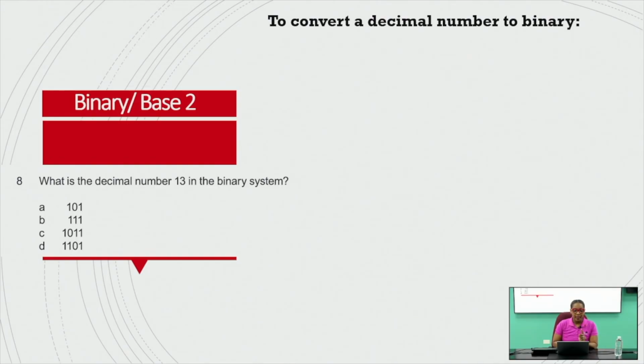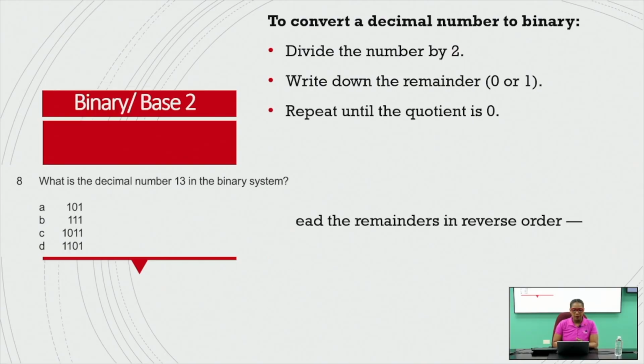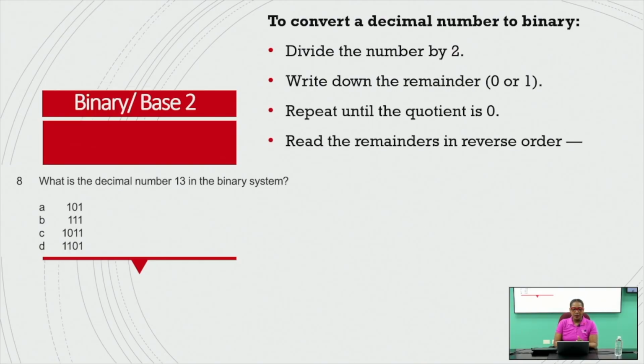We're going to divide by 2 and write down the remainder as we do the division. So look at the diagram below. We're going to stop when the quotient is 0, and we're going to read the remainders in the reverse order.